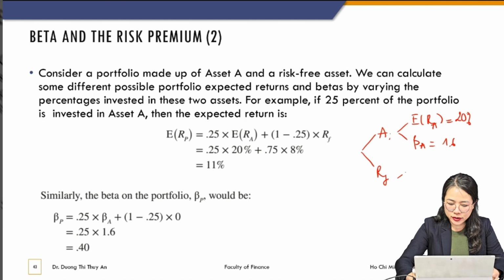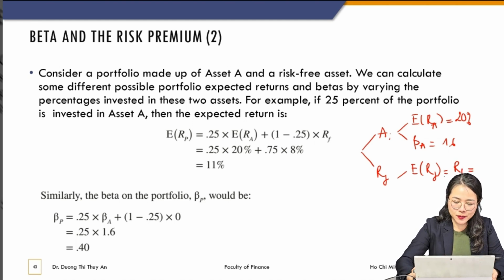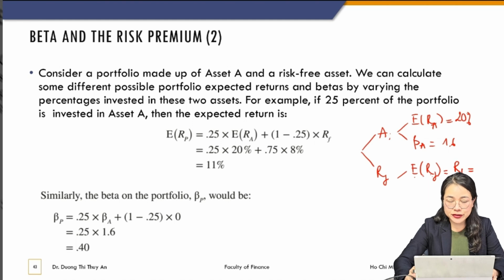And for the risk-free asset, the expected return is exactly the risk-free rate. I write it like this to let you know that the expected return of the risk-free asset is exactly the risk-free rate, 8%.